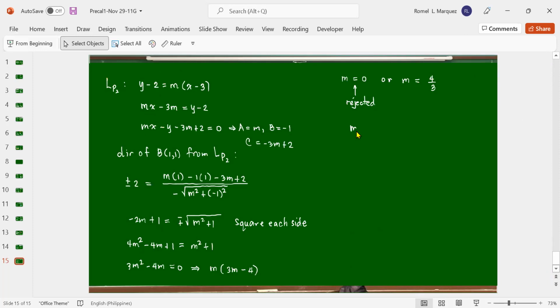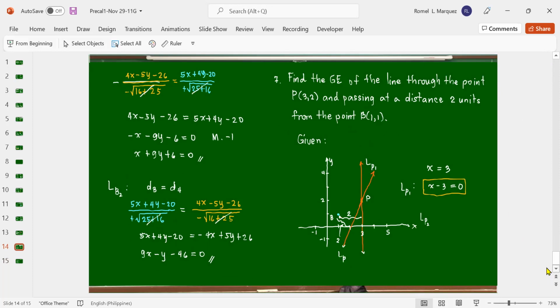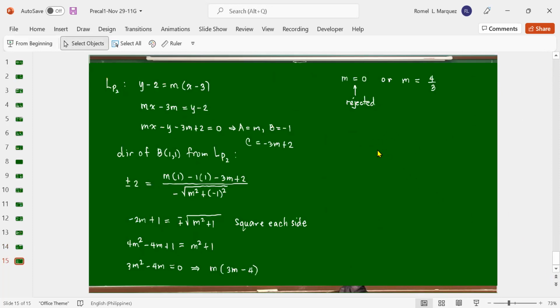We have m is 4 thirds. Or we can have it from this: y minus 2 equals, what's the slope? 4 thirds, times x minus 3.